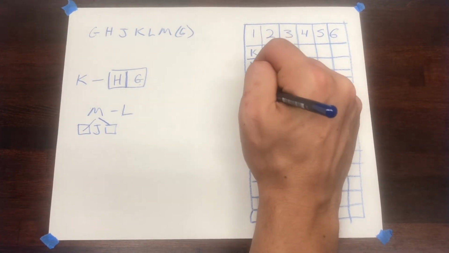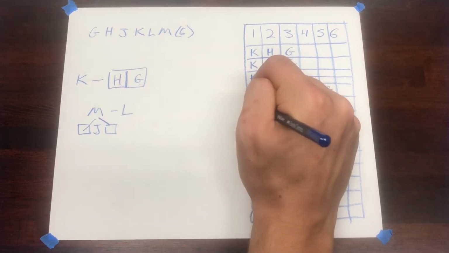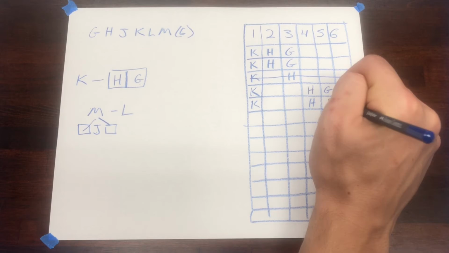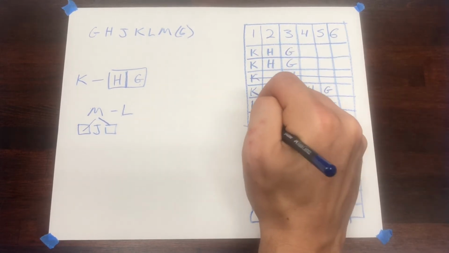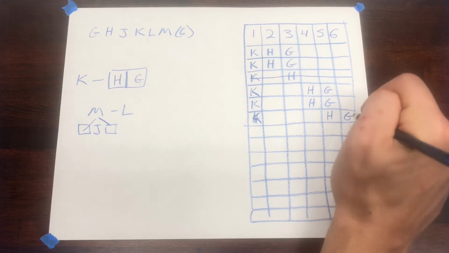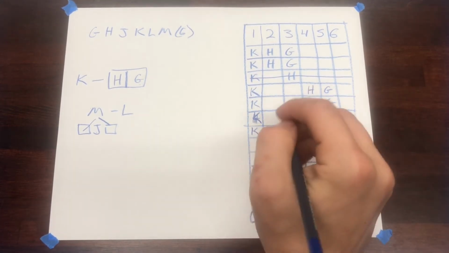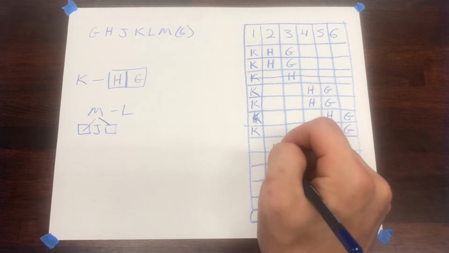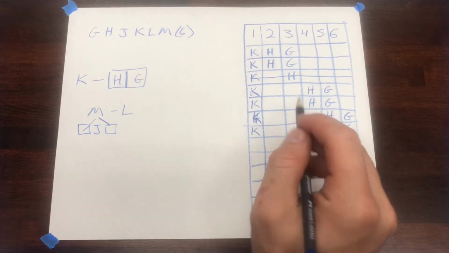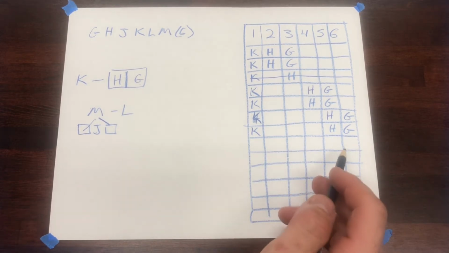I'm going to put the K back in here, I'm going to move the H over there, I'm going to put the G over here: K, H, G. Now I'm going to move the K to 2. I can see that moving the K to 2 is going to leave me 1 single space over here and multiple spaces over there.